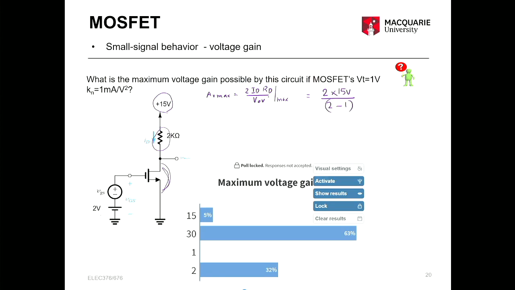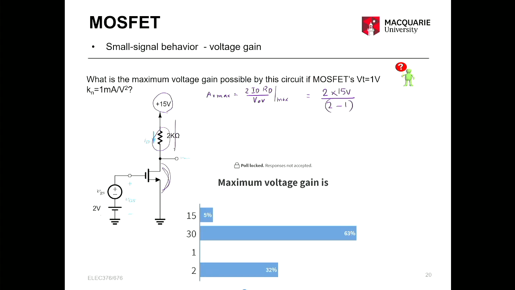You don't know ID, but you know what the maximum value for ID RD can be. If ID is 0, ID RD is 0. If ID is maximum, ID RD will be all dropped across RD. So that is the whole 15 volt.